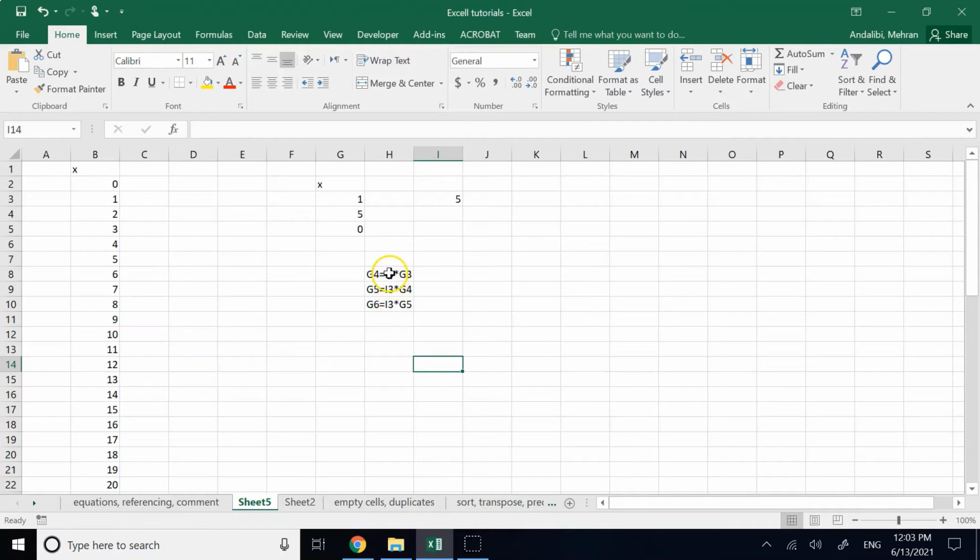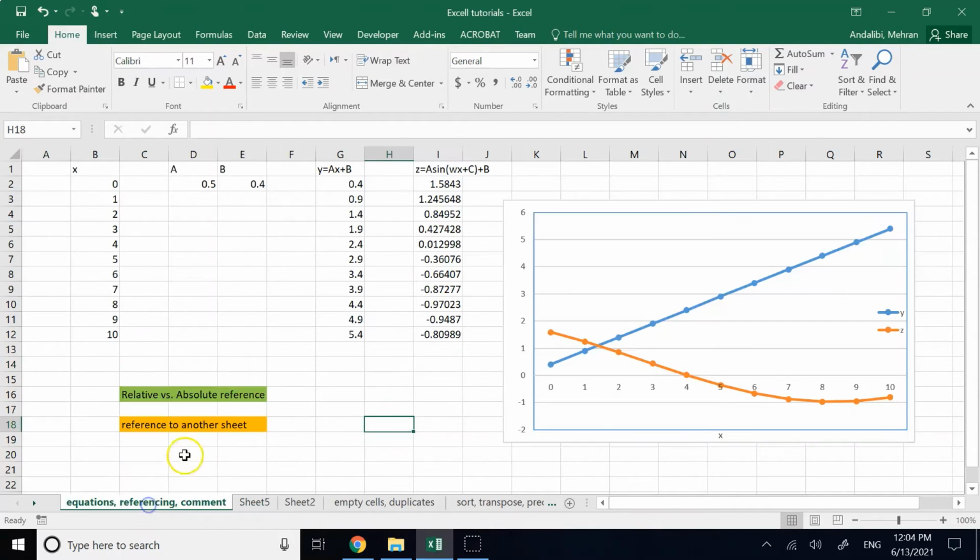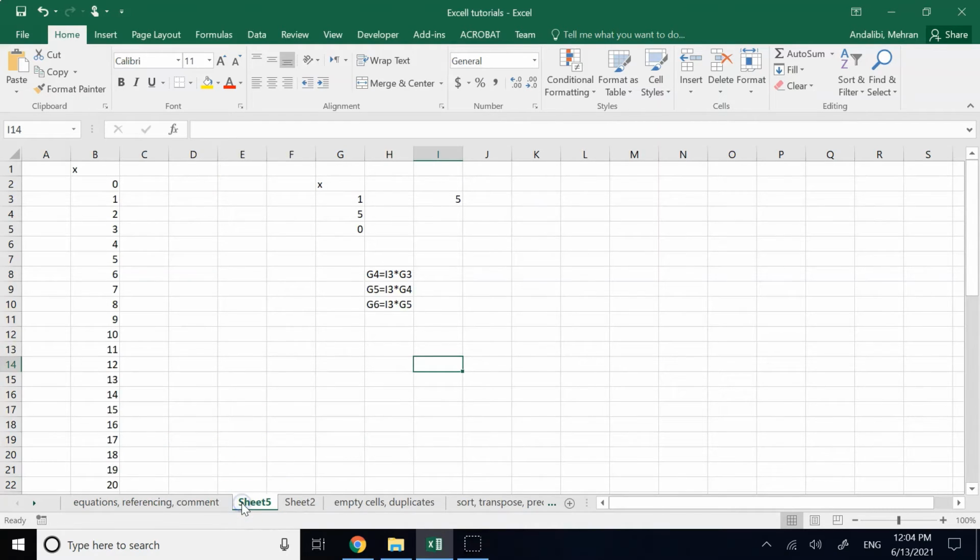So referring to I3, for which the row index does not change, we call that absolute referencing. Okay, so that's called absolute referencing. I don't want this I3 to change. This 3, I want it to be the same, but the G's, I want them to change. How can I achieve that? Well, what you need is this.